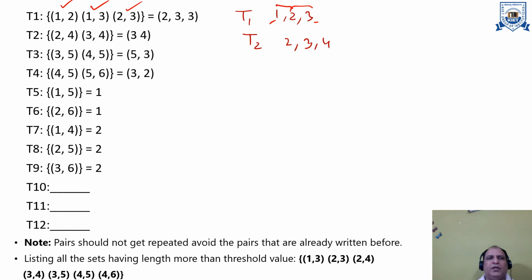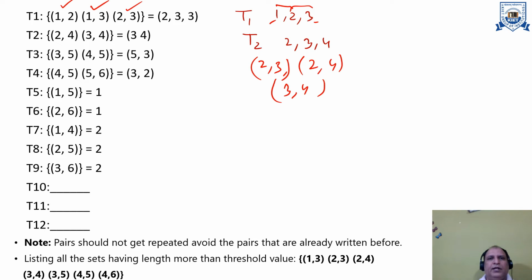So this way we are making the item pairs. Similarly, in the case of T2, we are having 2 3 4. So now we will make the pairs 2 3, 2 4, and 3 4.